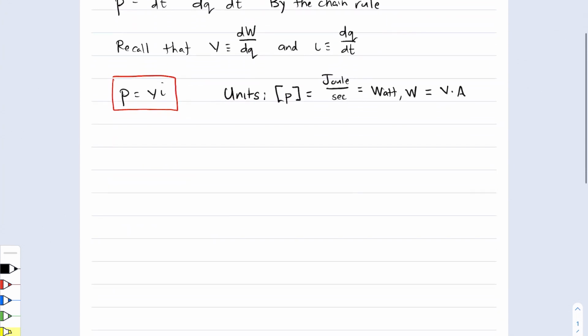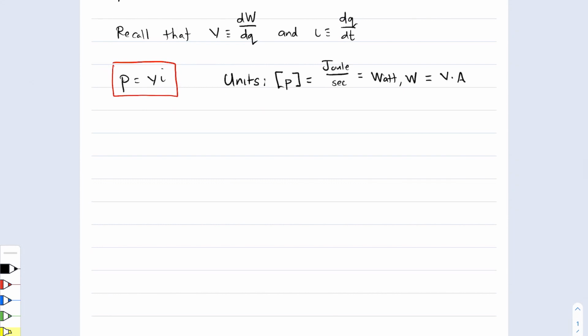One really important thing I want to bring your attention to is that in this class, one of the trickiest things to do is keeping track of signs, whether it be a sign on a voltage, a sign on a current. There are also going to be signs associated with power. So this equation, P equals IV, relates the voltage to the current, so the passive sign convention must apply. This is a very important point.